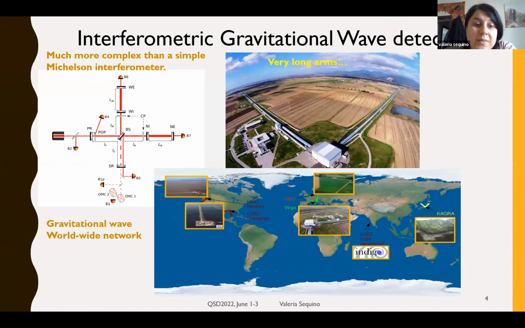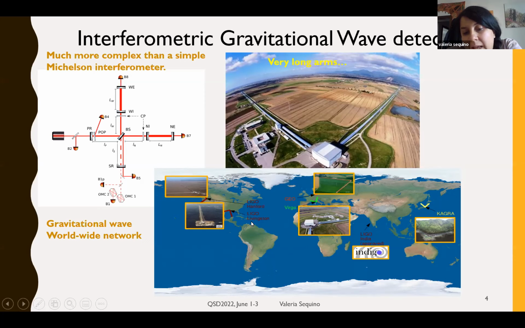The arms of these interferometers are very long. Here we can see an aerial view of Virgo that is located in Italy. This is the experiment for which I work, and Virgo has arms 3 kilometers long. The two other main interferometers are the two that are located in the US, the two LIGO detectors that have arms 4 kilometers long, one in Hanford and another in Livingston.